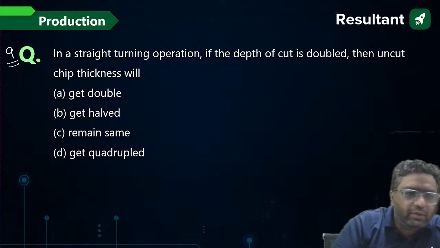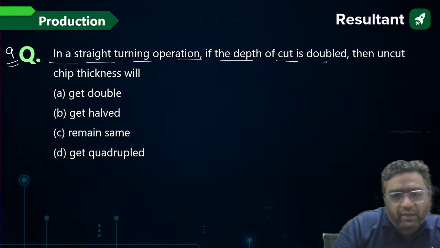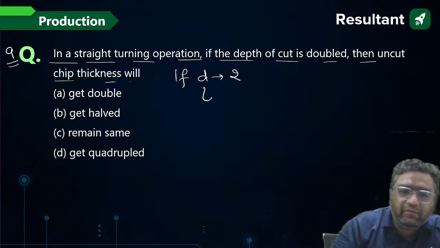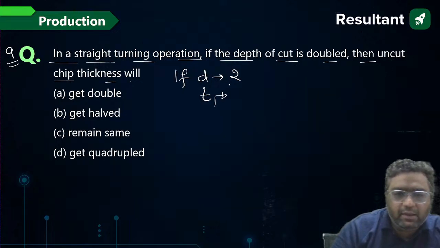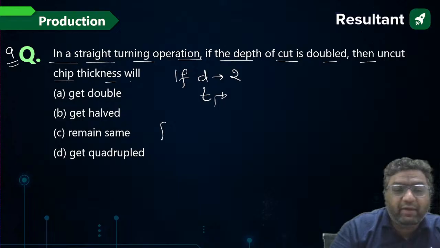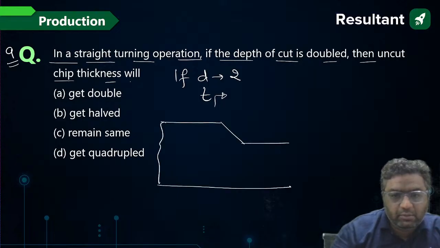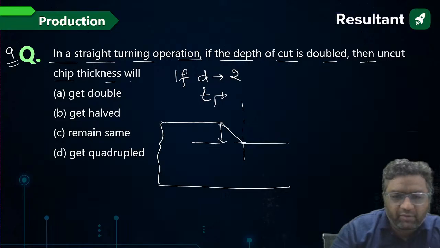Now we are moving to question number 9. In a straight turning operation, if the depth of cut is doubled, then uncut chip thickness will be. If depth of cut will become 2 times, what will be the uncut chip thickness? T1. T1 is the uncut chip thickness. Okay. Yes. So you are aware that whenever we are talking about this, you know, this is in orthogonal, we were making it like this.